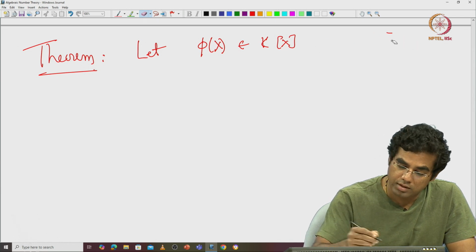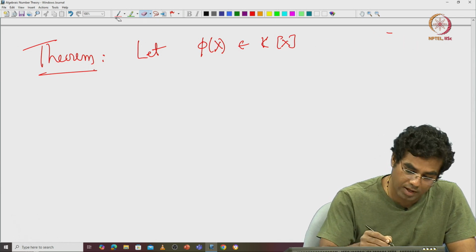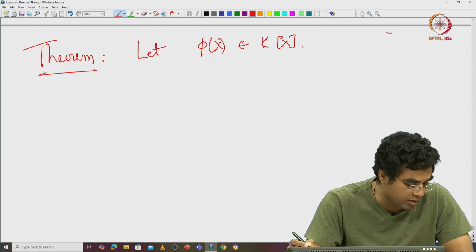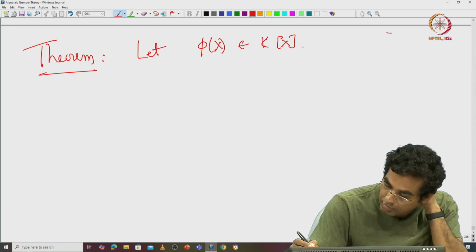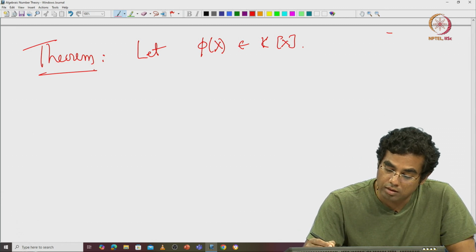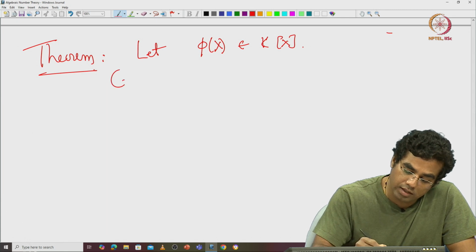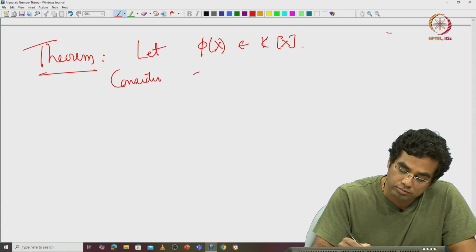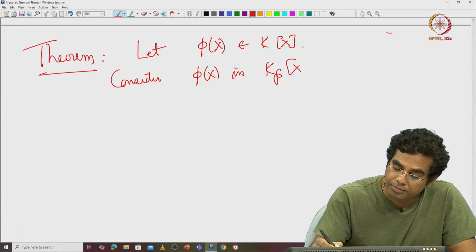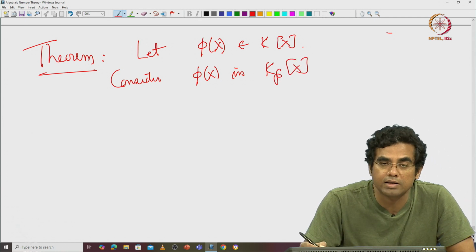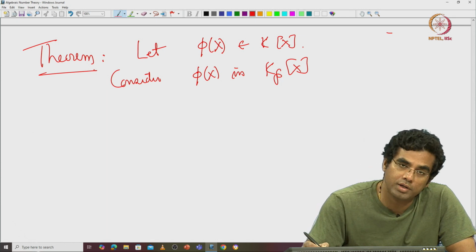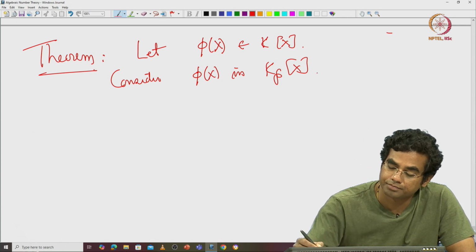So, let me just start with something in K[x]. I do not worry whether it is irreducible or not. I am not sure if I need irreducibility or not. So, I consider it as phi of x in K_p[x], right. K_p is a bigger field than K. So, even if phi is irreducible over K, it need not be irreducible over K_p, right.